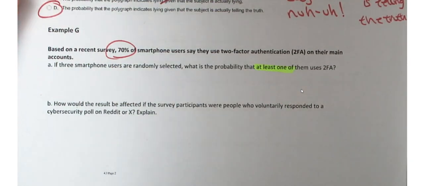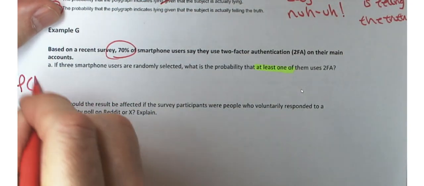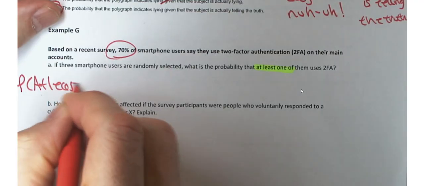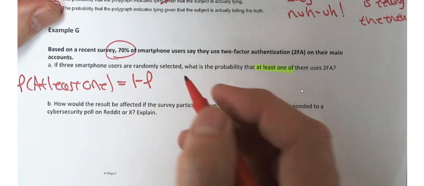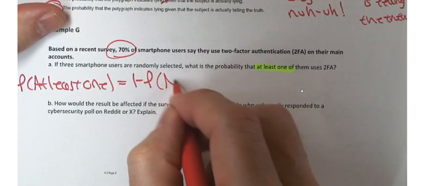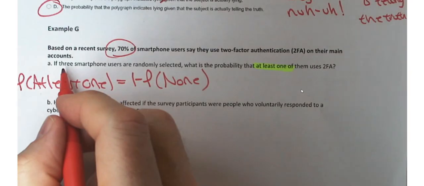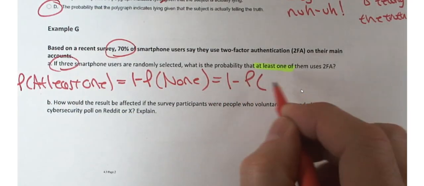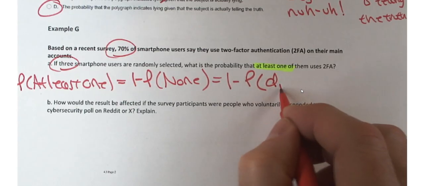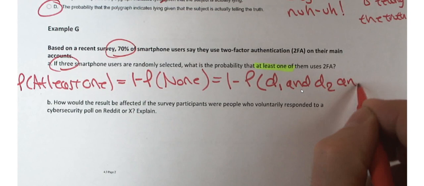So, probability of at least one is going to equal 1 minus the probability that none use two-factor authentication. Since we're dealing with 3 smartphone users, probability that the first one doesn't use, and the second one doesn't use, and the third one doesn't use.